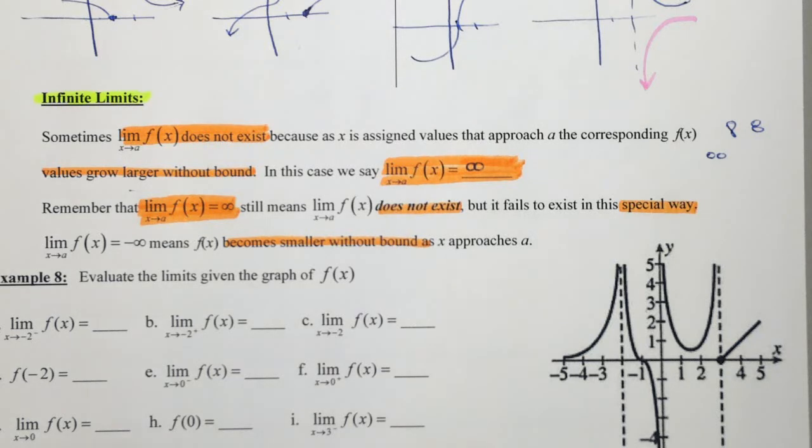Because when I say the limit as x approaches 2 is 5, you're saying that the graph is going to stop there, whether it's coming from both directions or I'm talking about a one-sided limit. But what we're saying when we say infinity or does not exist is that there is no limit to this function. Nothing's holding it back. It's just going to keep going. Okay? Questions?